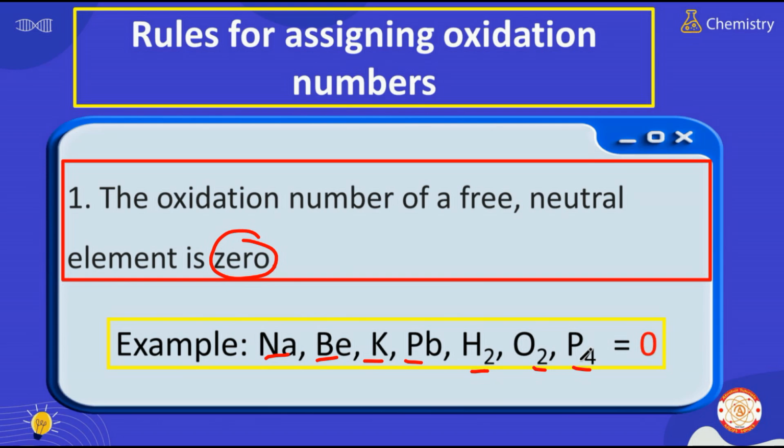Actually, it's called a nonpolar covalent bond, right? This type of bond is formed by sharing electrons equally. So that means these bonds are formed by neither losing nor gaining. Hence, the oxidation number of this is equal to 0.